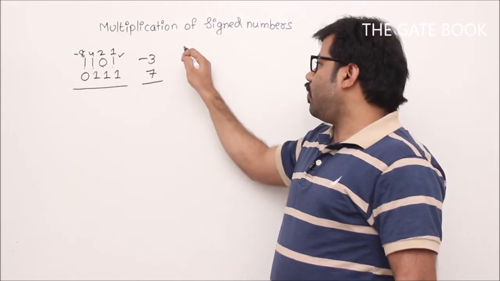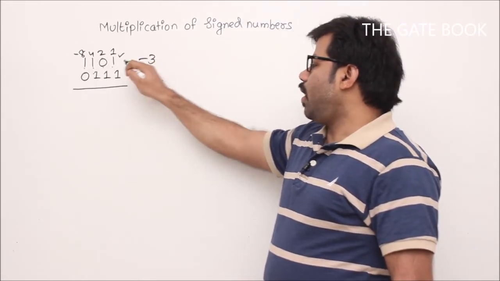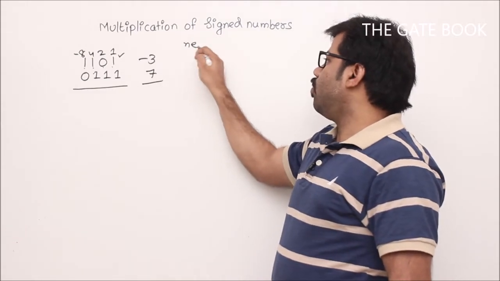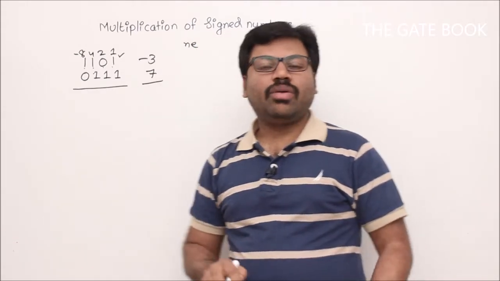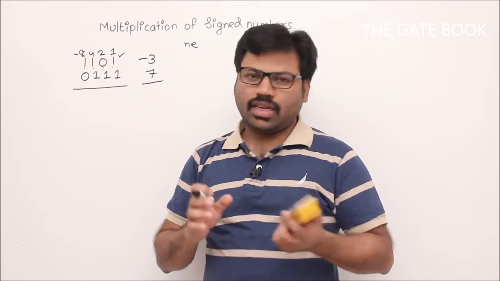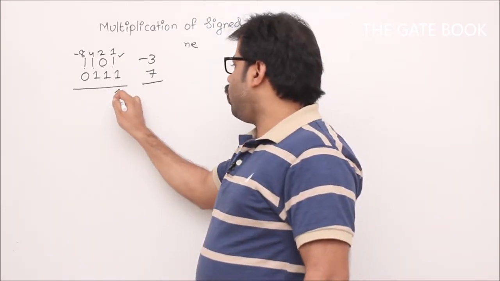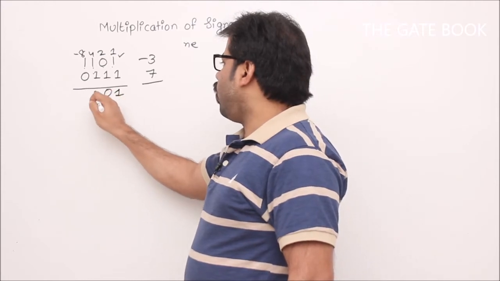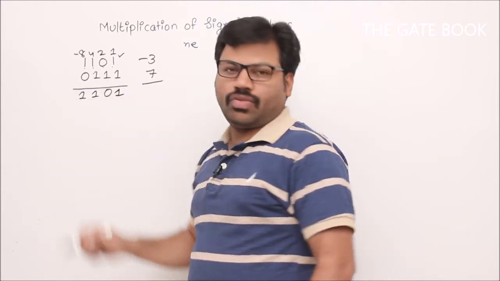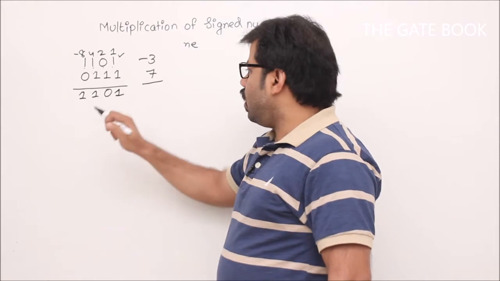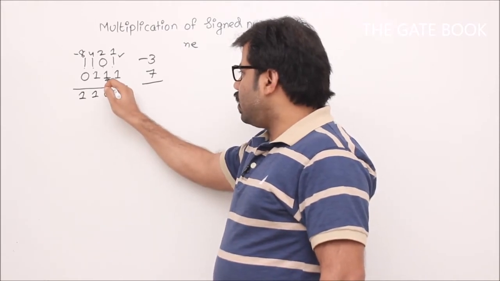Now we are first covering a case where the multiplicand is negative and the multiplier is positive. We pretend that we are doing unsigned number multiplication, and we will see why it won't work. So 1011 first, then 1101. Now again we multiply with this one.